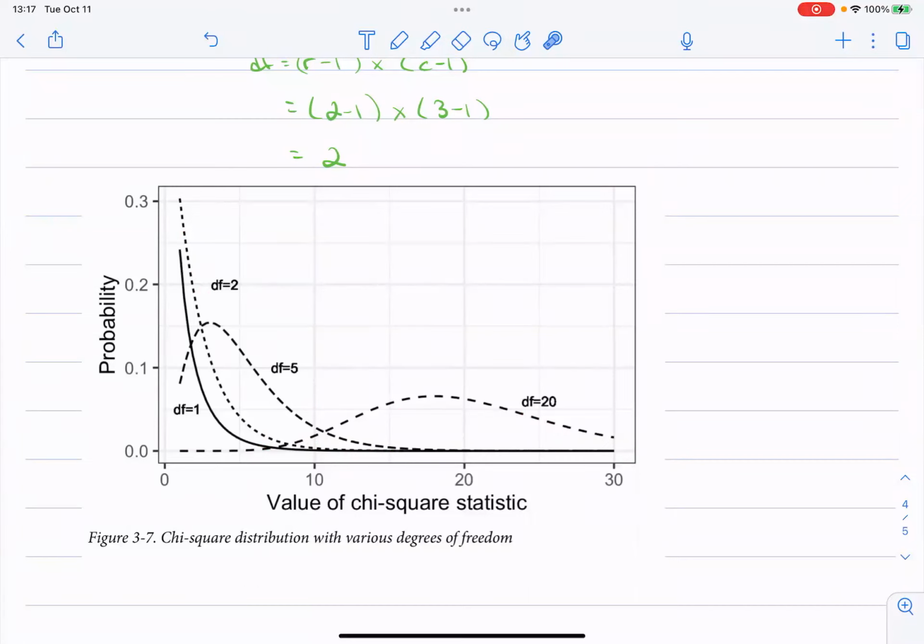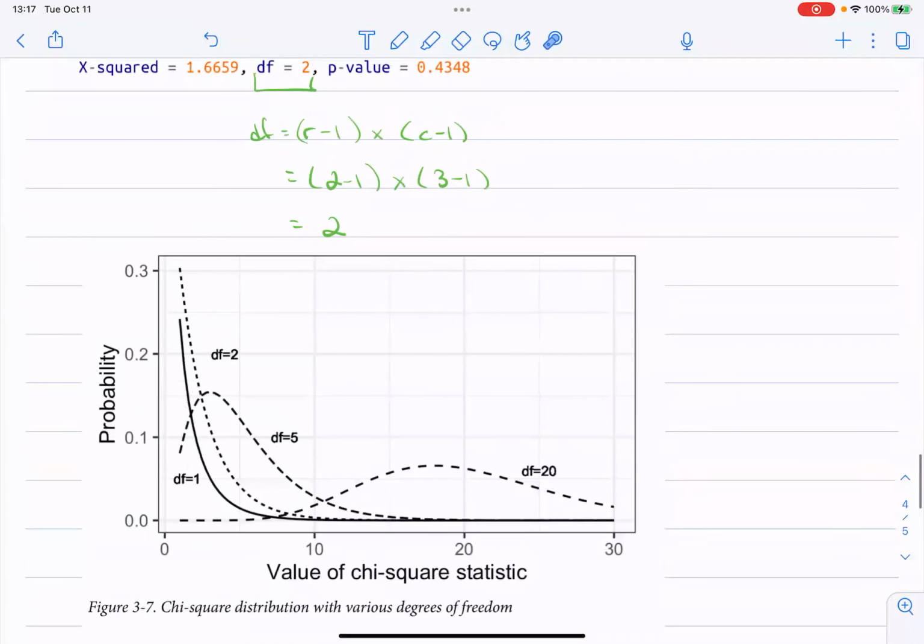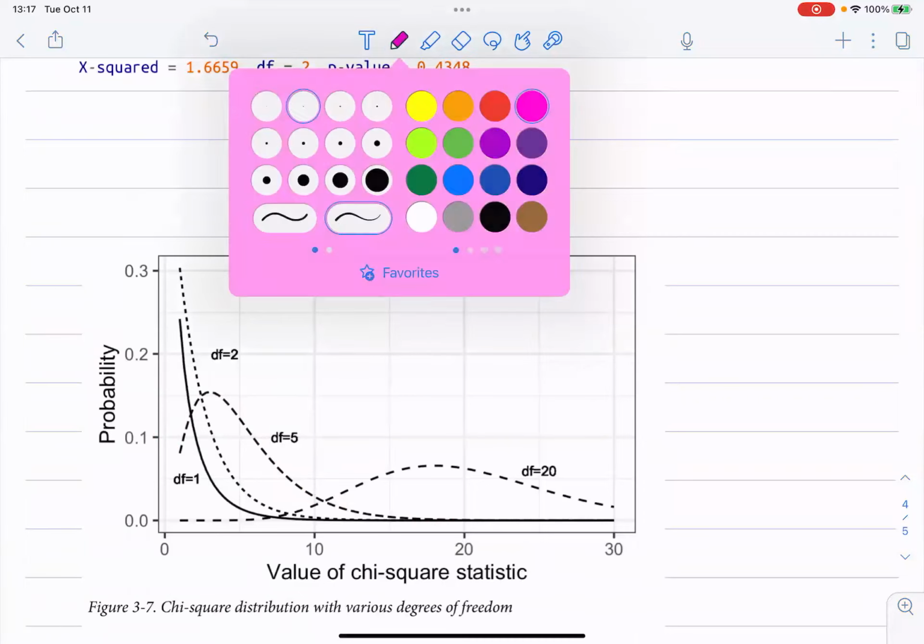But if you think about 20 degrees of freedom in terms of R minus 1 and C minus 1, it's going to be really hard to get 20 degrees of freedom, right? So most chi-squared distributions are going to look kind of like this, 5 degrees of freedom, that kind of thing. So it's definitely skewed to the right.